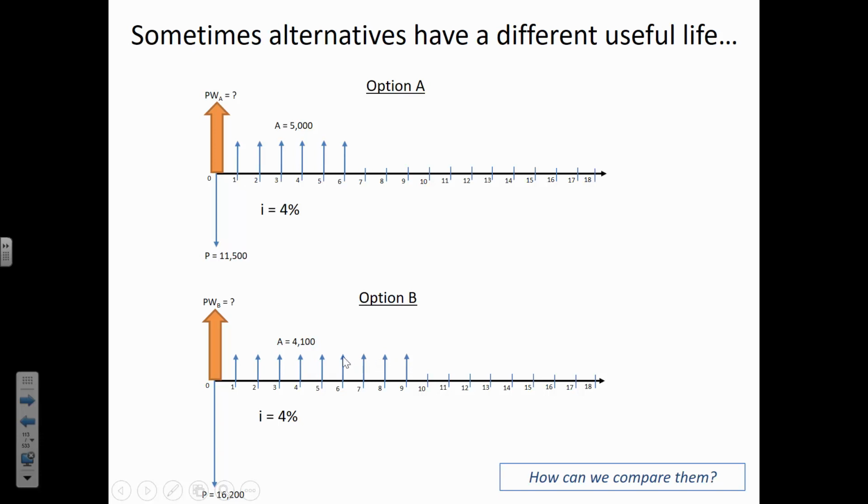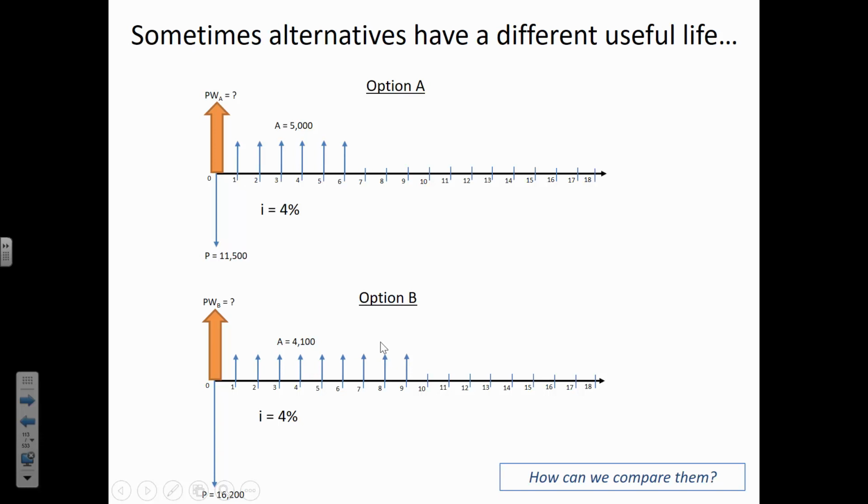Some of these dollars are in year 1, some of the dollars are in year 2, and so on. But option B lasts longer. And so you can't compare a piece of equipment that lasts 6 years to a piece of equipment that lasts 9 years unless we use some method to equalize them.